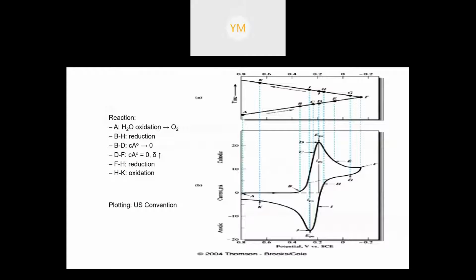Okay, look at this. This is the waveform for time versus E. This is the waveform for I versus E, which is the voltammogram. This is the waveform for time versus E. On the right is negative, so this is the US convention, and this side is the positive direction.